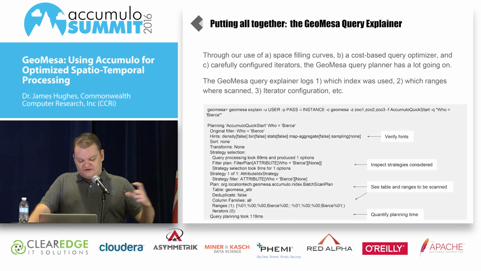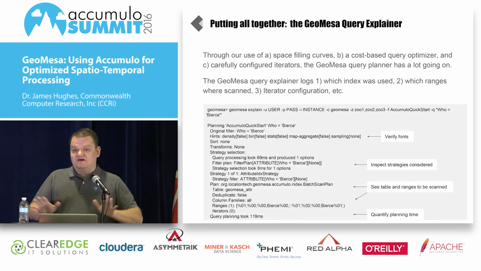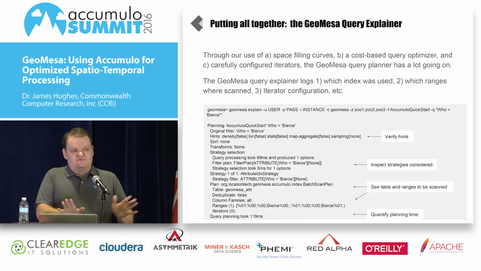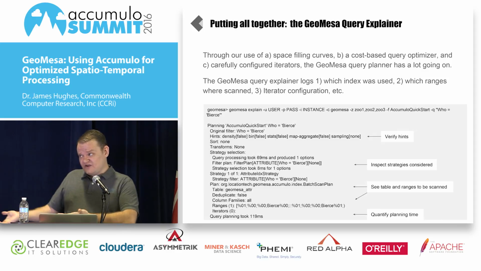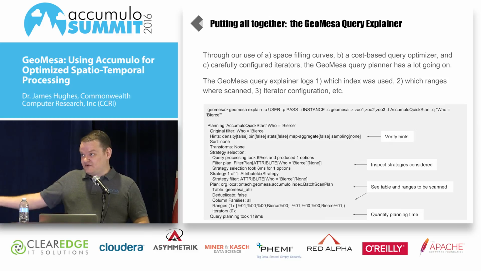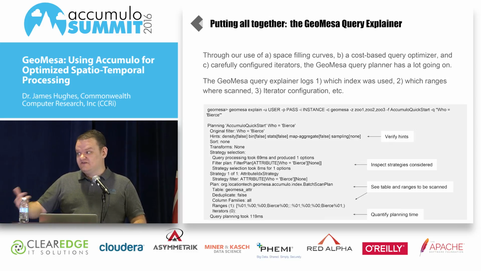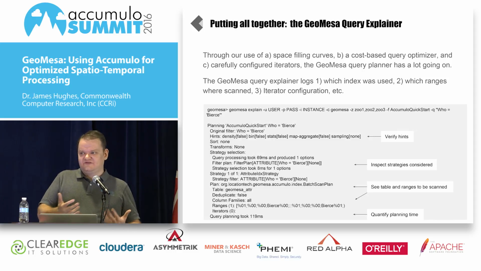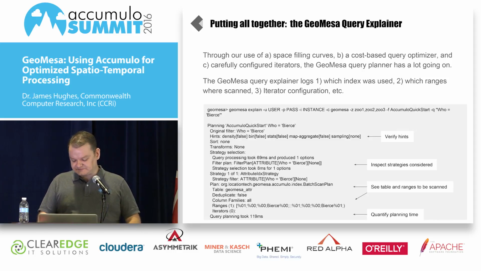And we usually get an output that tells us how the iterator is configured. So that way, you could just interrogate a system and say, how would you run this query? What's going to happen? In the off chance that things go really off the rails, you can also see how long the planning time is. This gives us a chance to make sure that we're not calculating a million different plans for a query.